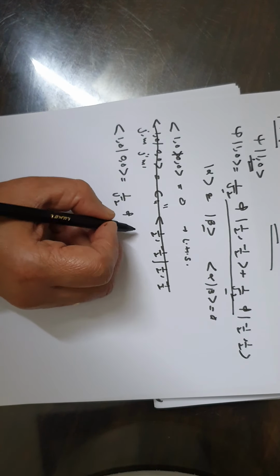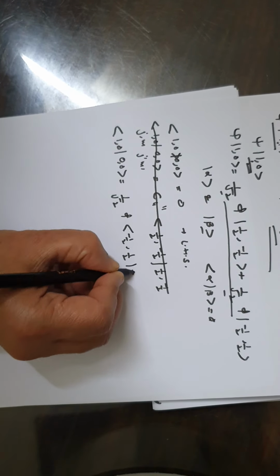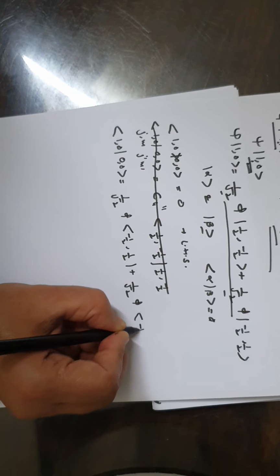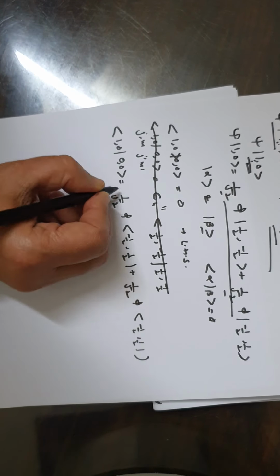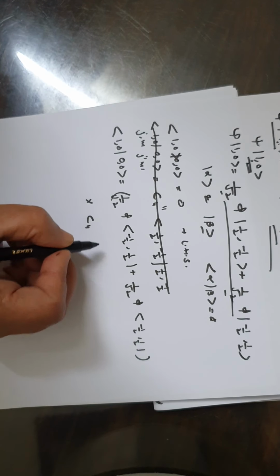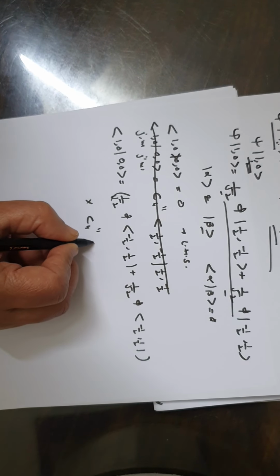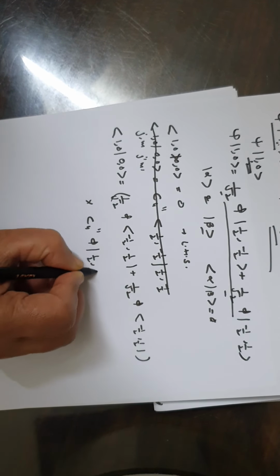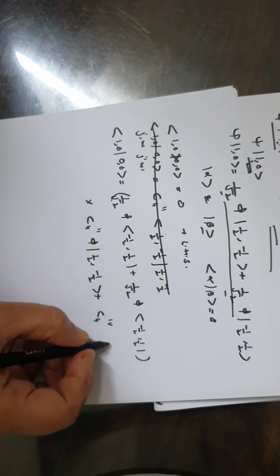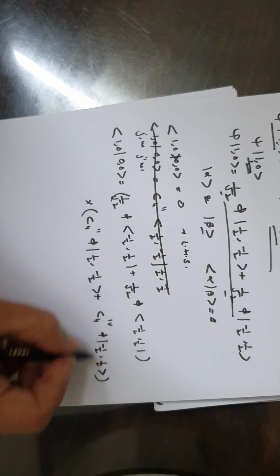I write down phi minus 1 by 2, 1 by 2 plus 1 by under root 2 phi minus 1 by 2, 1 by 2 multiplied by C4 double dash phi 1 by 2 minus 1 by 2 plus C4 4 times dash phi minus 1 by 2, 1 by 2. Let's open the bracket.